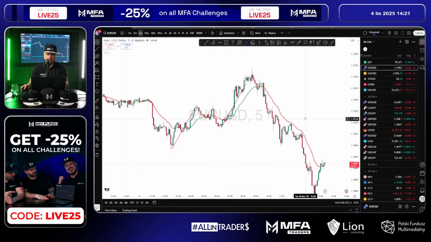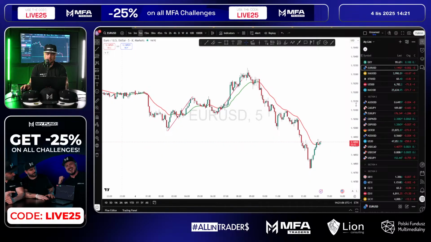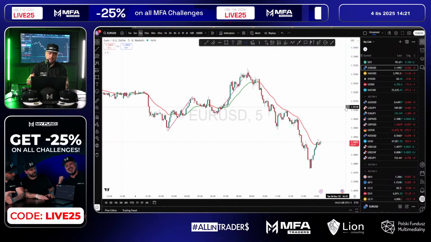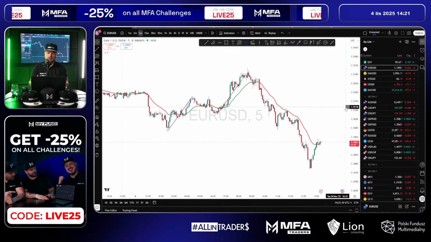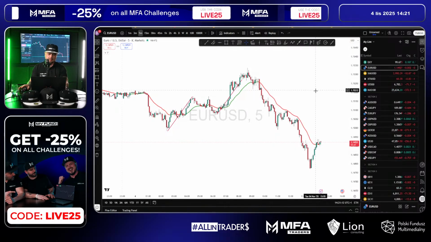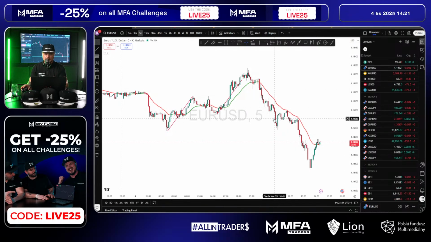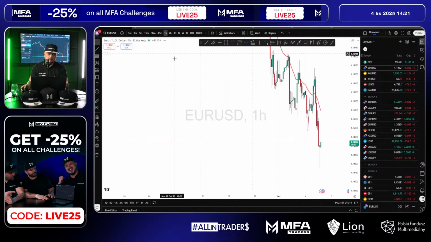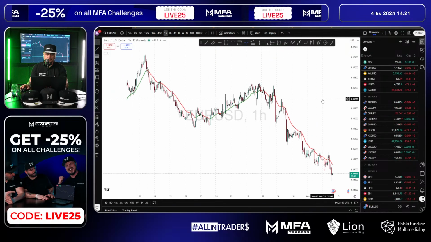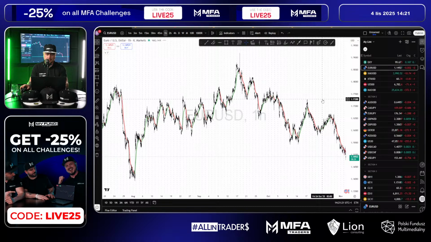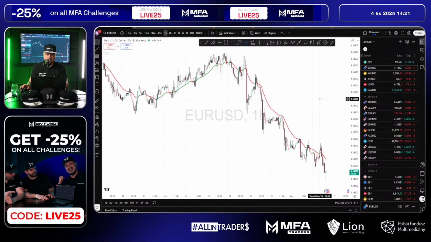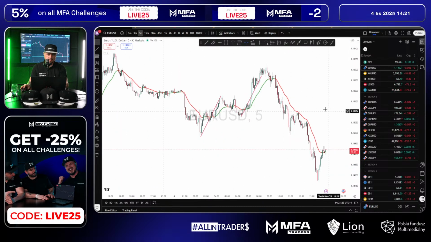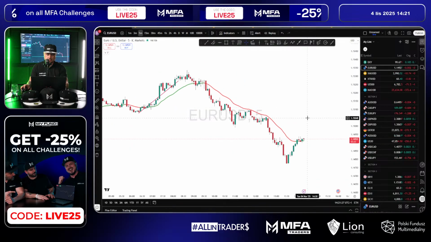So we need to figure out what happened and if we can use it for continuation of bearish move, because we are in bearish market structure at this moment, not only from 5 minutes time frame, but also from 1 hour time frame. Okay, we are going down. We are going down, and we will try to use that.